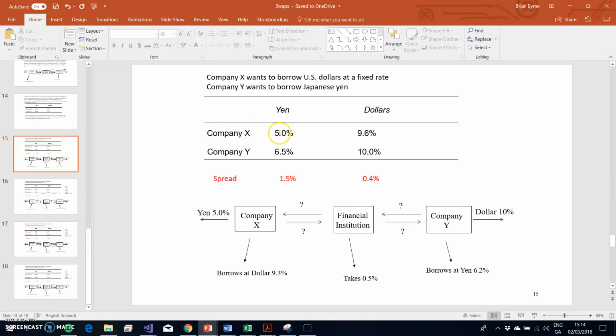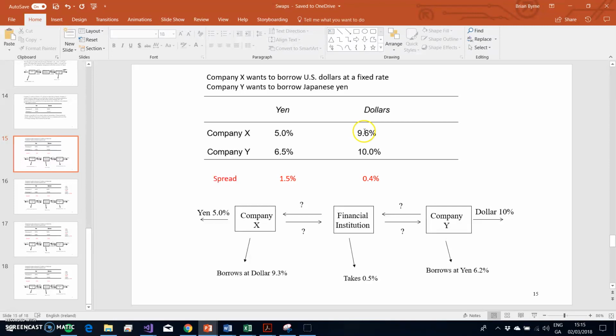Company X has an absolute advantage in both rates, but has a comparative advantage here in yen, whereas company Y has an absolute disadvantage on both, but has a comparative advantage in borrowing in dollars. Keep in mind, X wants to borrow US dollars. Y wants to borrow yen. That's where they are disadvantaged.